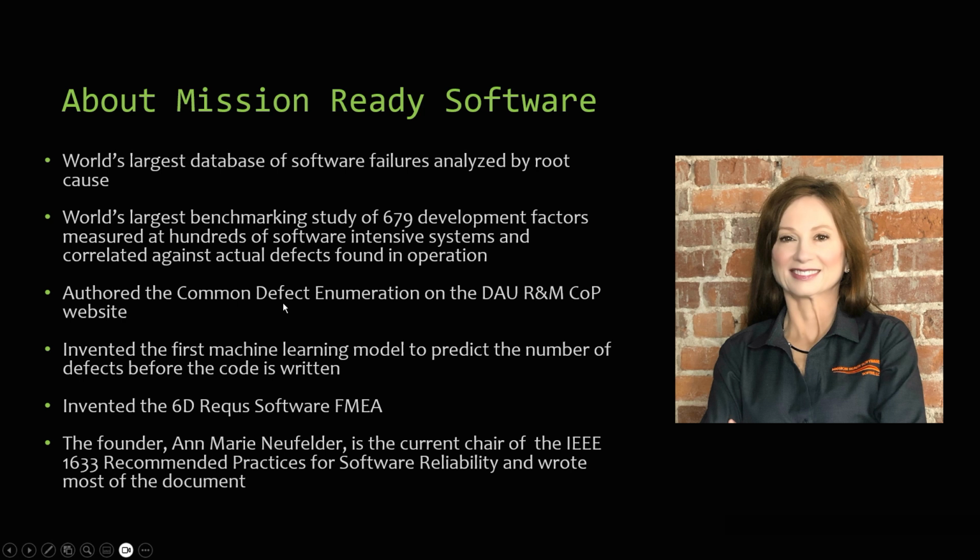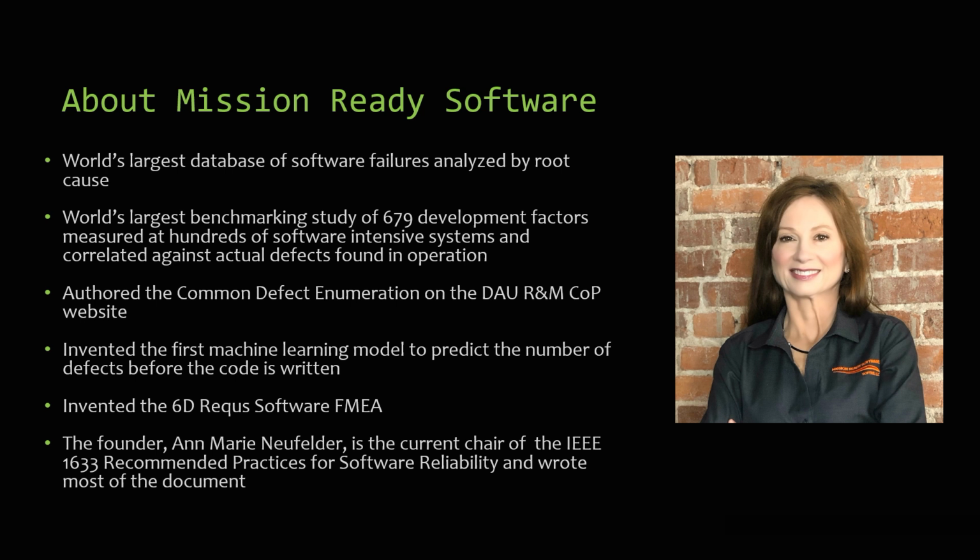About our company, like I said, we have the world's largest database of software failures analyzed by root cause and entry point. We also have the largest benchmarking study. We have measured 679 development factors against hundreds of software-intensive systems, and we have correlated them against actual defects found in operation. We authored the common defect enumeration on the DAU R&M COP website.